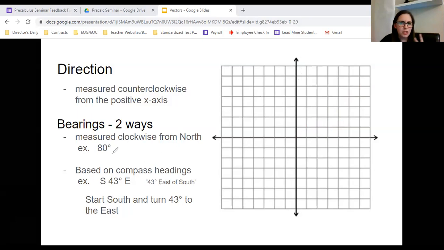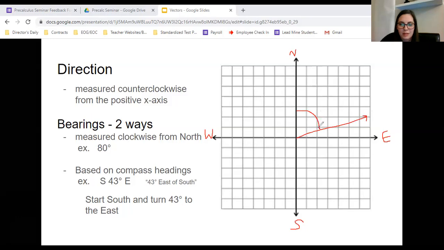So 2 ways that you'll see bearing represented. You'll see clockwise from north. So this one's a little bit different. Let me put my directions on here. So if I have 80 degrees, what that's going to look like, actually something more like this, because we're going clockwise from north.